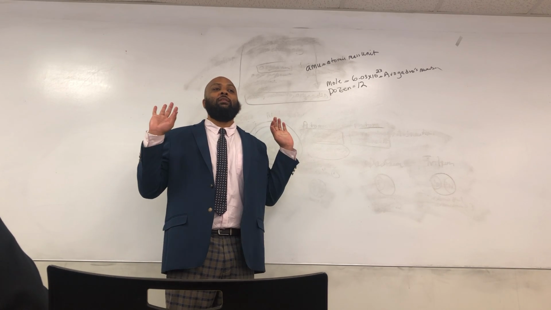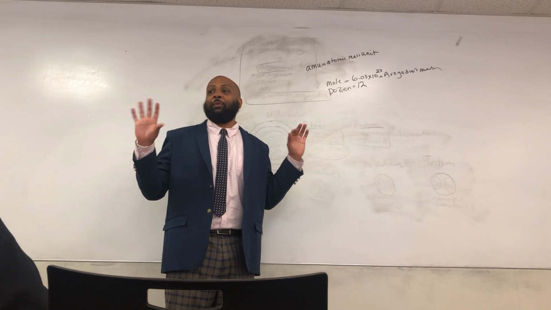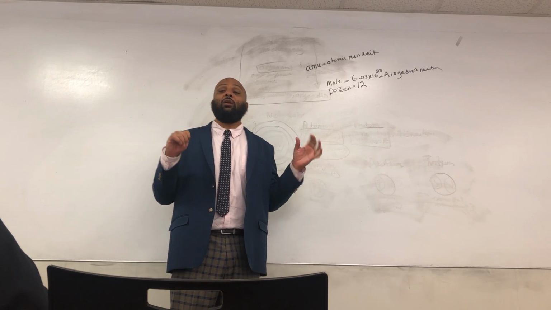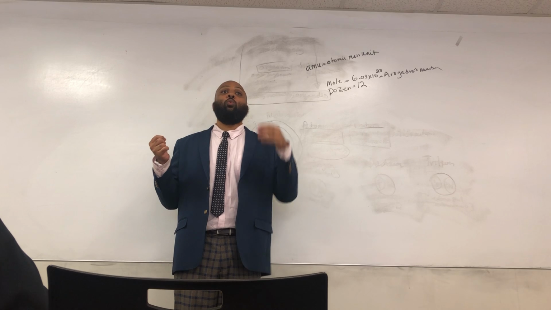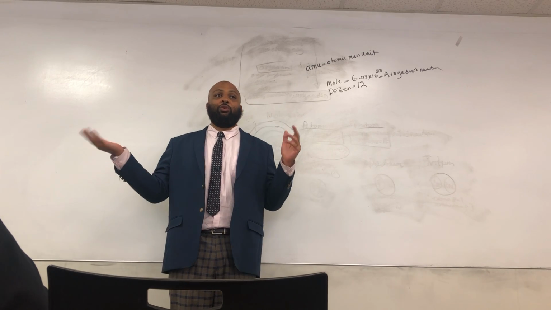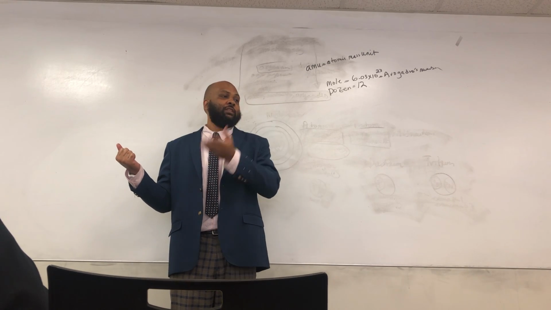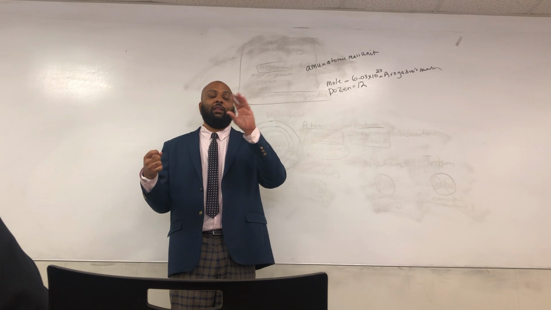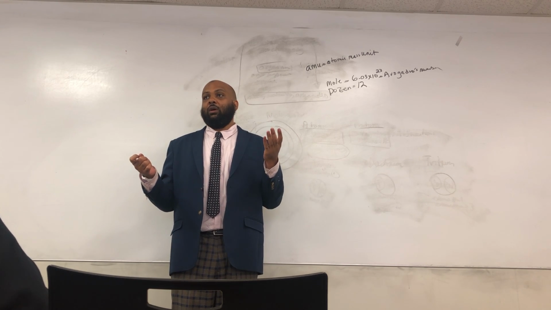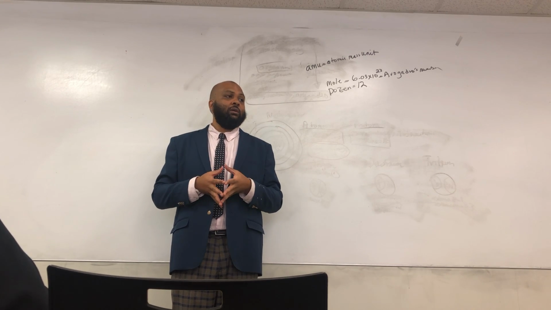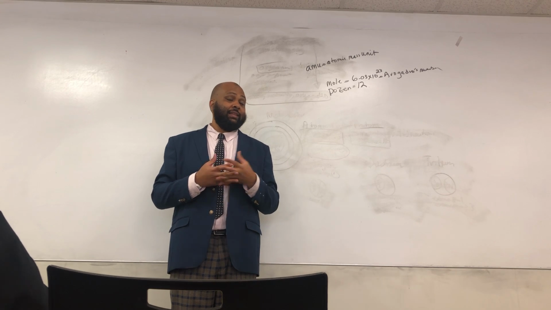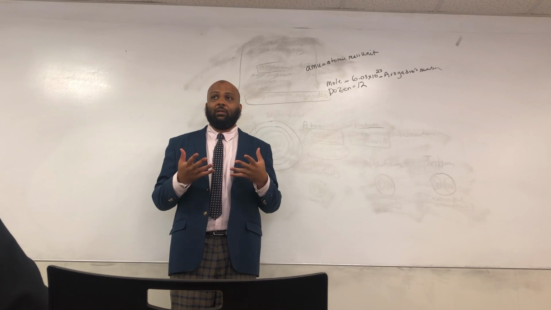How are the elements in the periodic table arranged? They are arranged based on the atomic number. So 1 is at the top, next to it is 2, then 3, 4, 5, 6, 7, and so on. That is your atomic number.